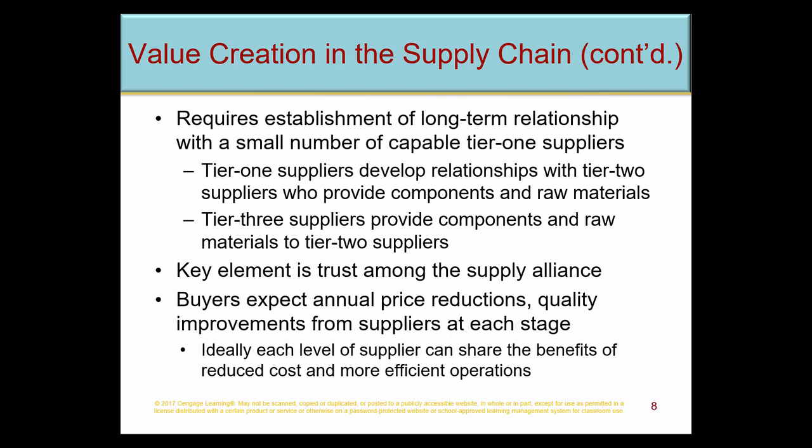And so that's one of the things that we have to manage in our supply chain, because people that are buying from us, if we're selling to another business, are going to expect annual price reductions just like consumers do. So we have to find a way to still make money at a lower price year over year.